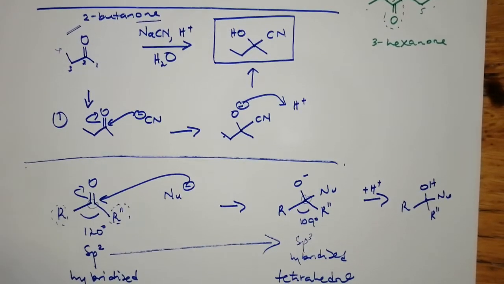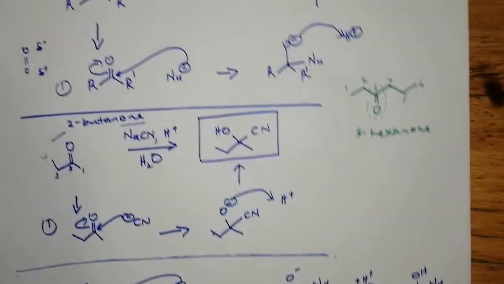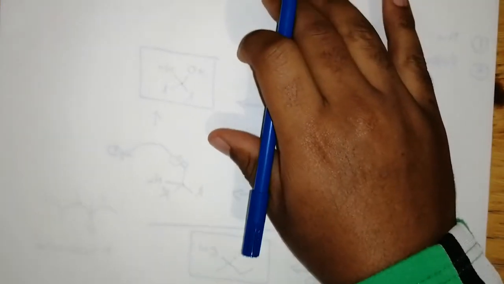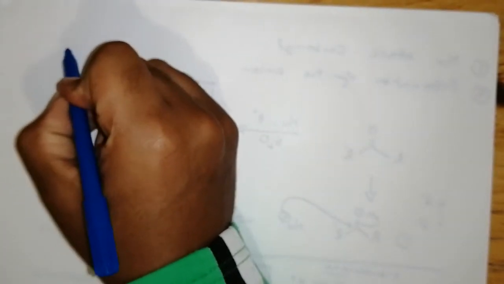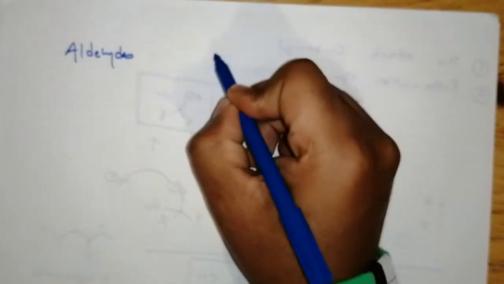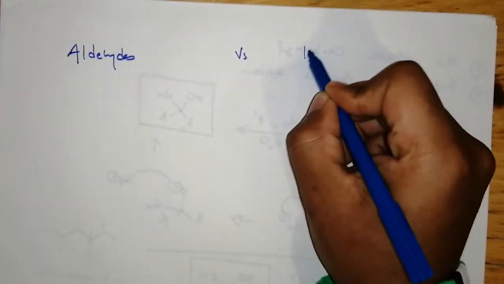So now, without wasting any more time, let us look at two most important functional groups that have a carbonyl in their structure. So we have aldehydes and ketones.